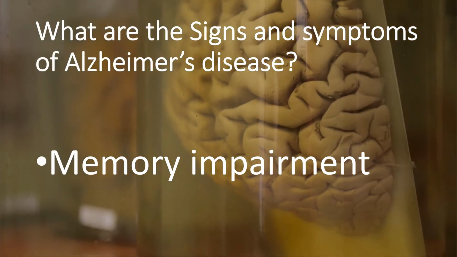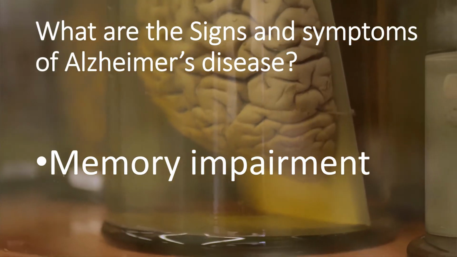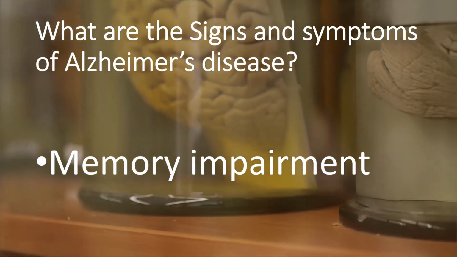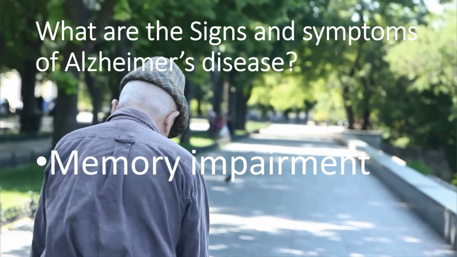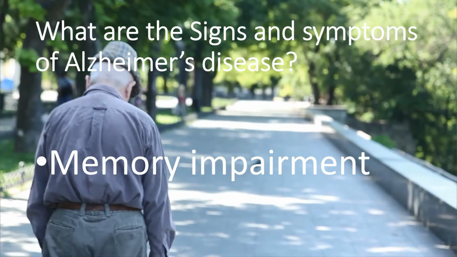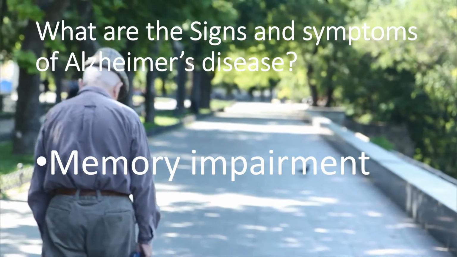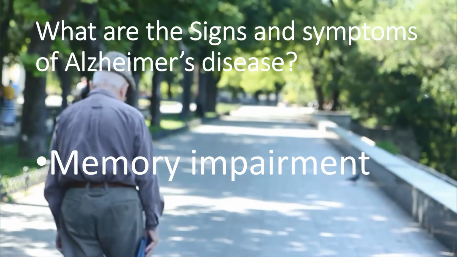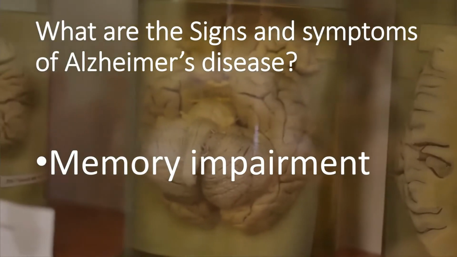Memory for recent events, served by the hippocampus and related structures in the medial temporal lobe, is prominently impaired early. Immediate memory, encoded in the sensory association and prefrontal cortexes, and remote memory, which can be recalled without hippocampal function, are spared early on.